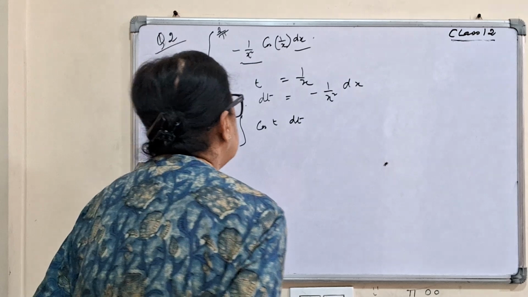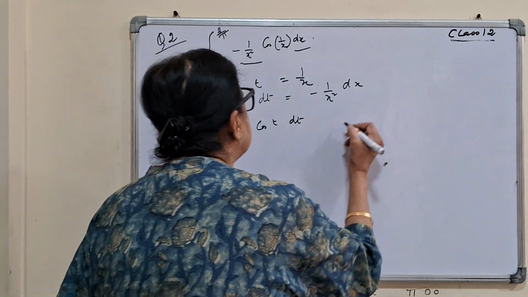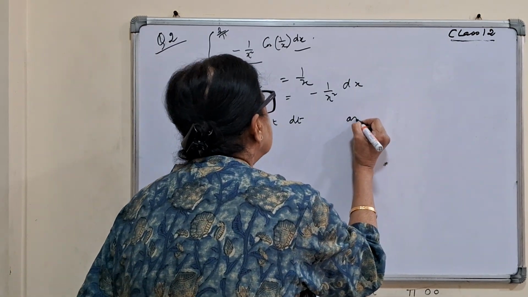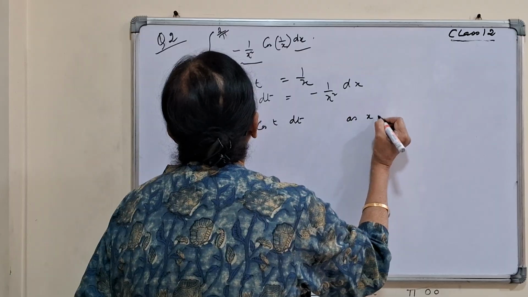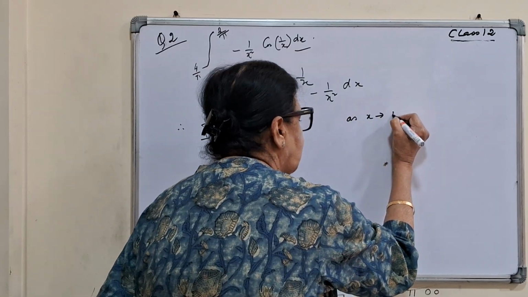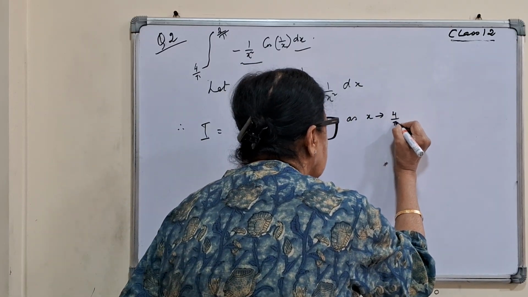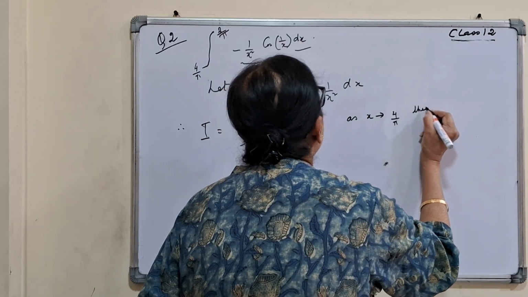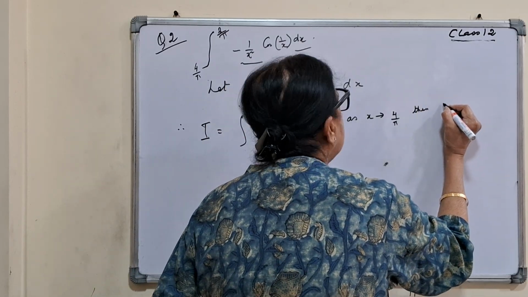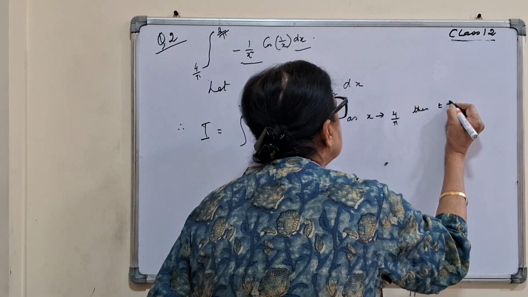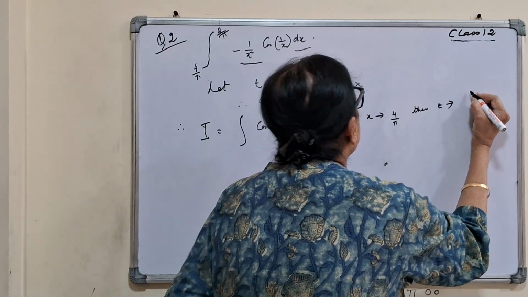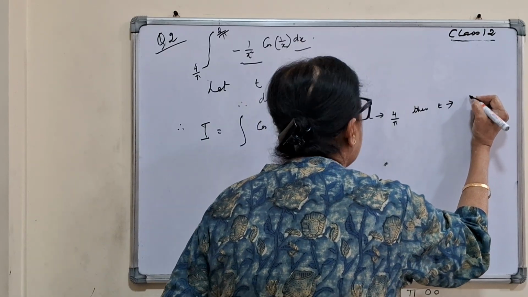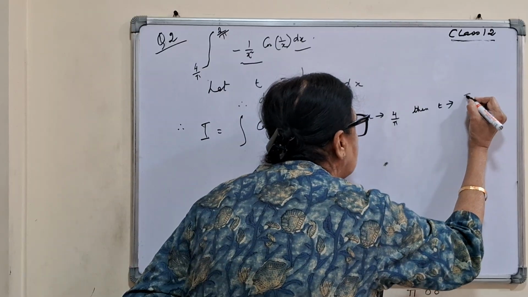Here the limits will change. As x tends to 4 by pi, then t tends to 1 by x, that is pi by 4.